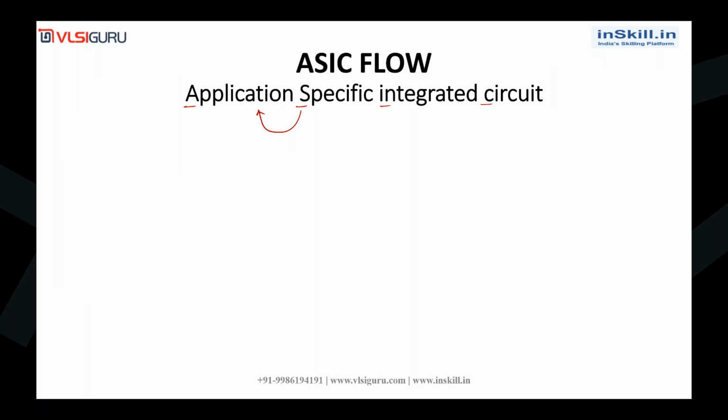For example, a modern chip cannot be used as a chip which is responsible for deployment of airbag in your automobile. That is why we are saying it is application specific integrated circuit.